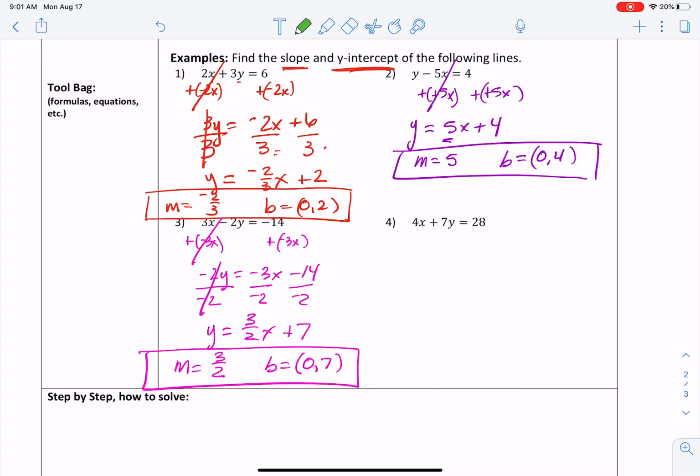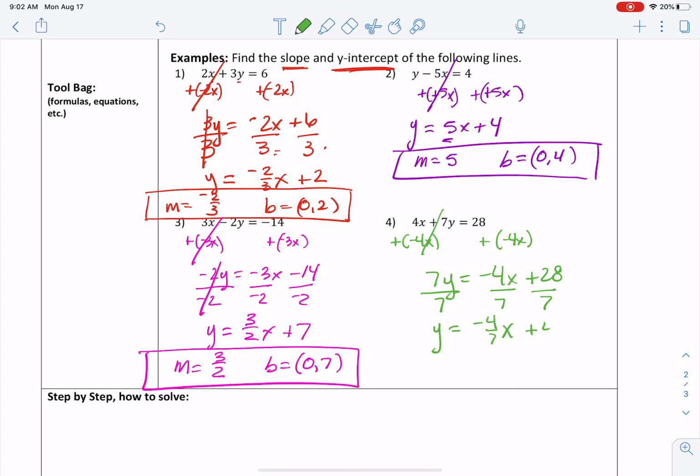One more. We're going to add the opposite of the x term. So I have 7y equals negative 4x plus 28. We divide by the coefficient of y, and I get y is negative 4 over 7x plus 4.